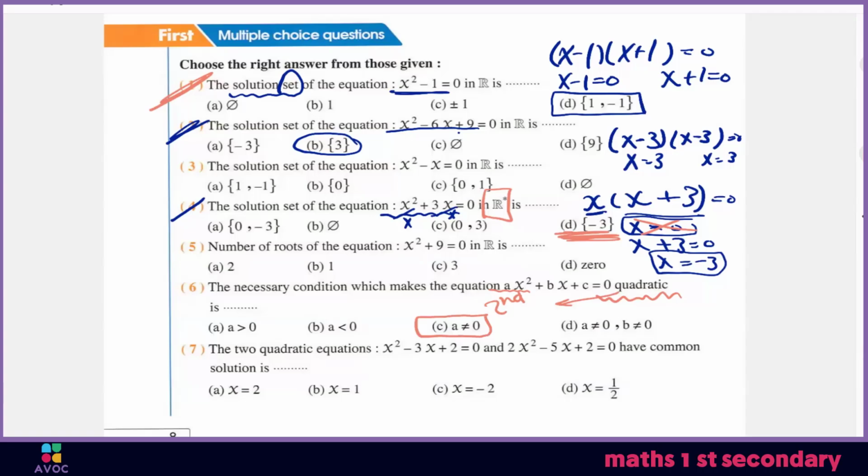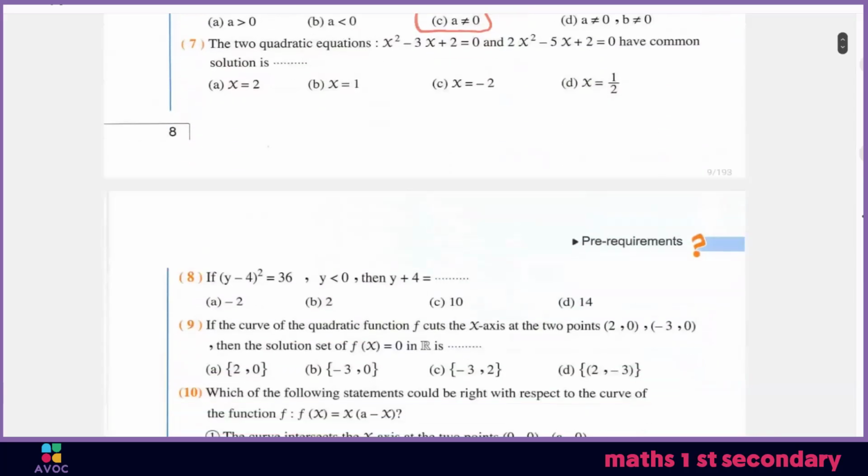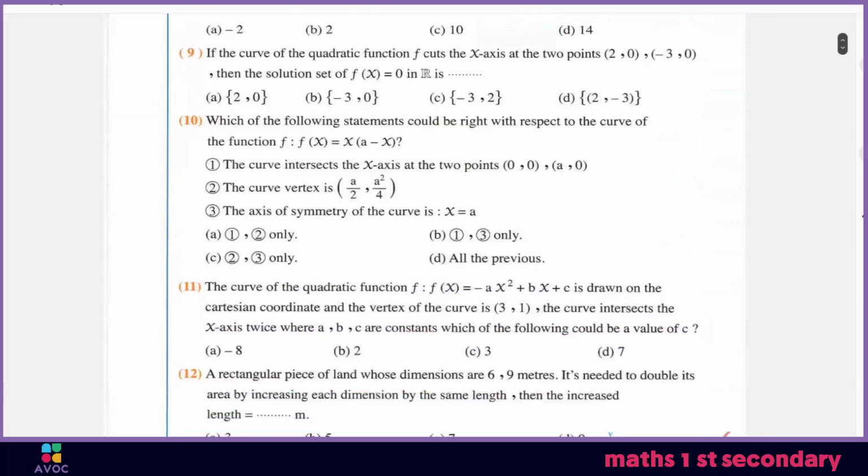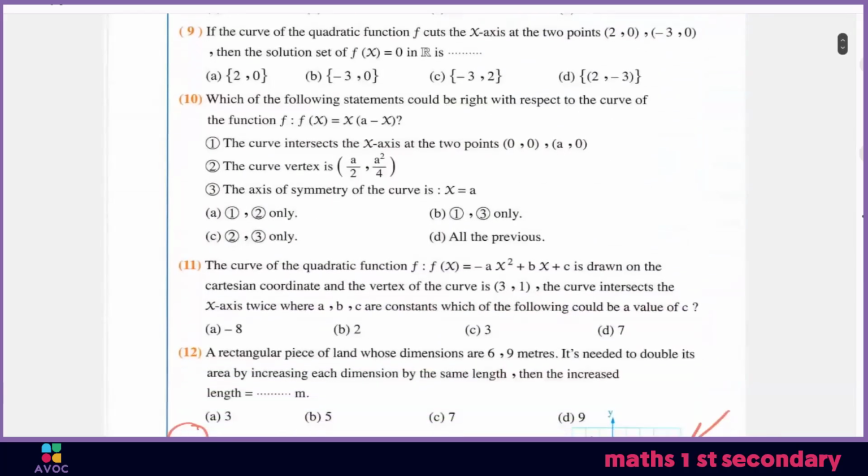Why? Because if a equals 0, then 0 times x power 2 will be 0, so the equation will be of first degree. So a can't be equal to 0. Okay? You understand? Okay.